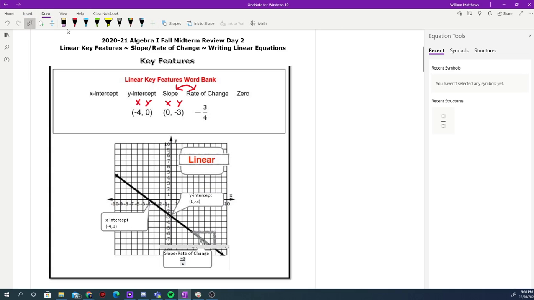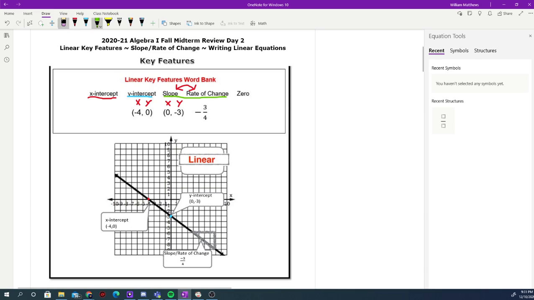So in this case, we discussed our x-intercept, we discussed our y-intercept, and our slope, aka our rate of change, all being one thing.